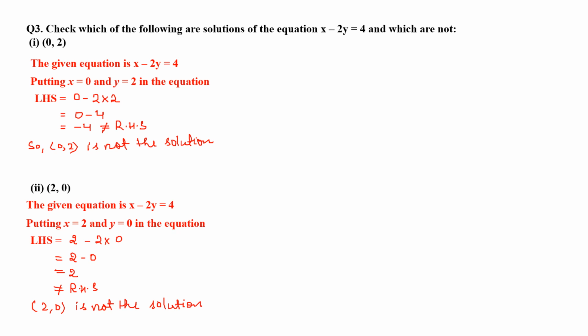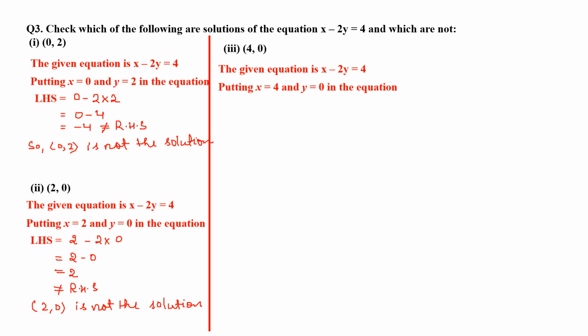Now next is the third part, (4, 0). Again here I am going to put x as 4 and y as 0 in the given equation, and we have to see whether this is the required solution or not. So start putting the values over here.